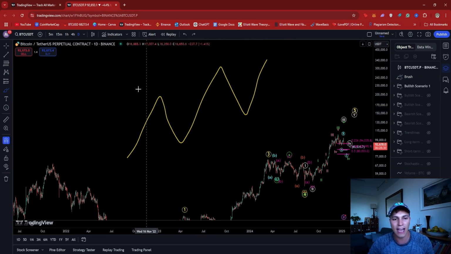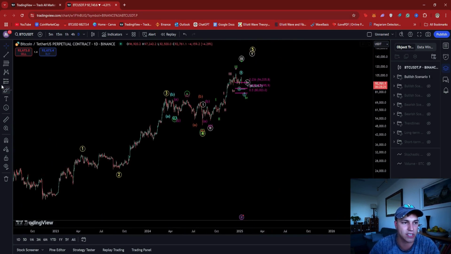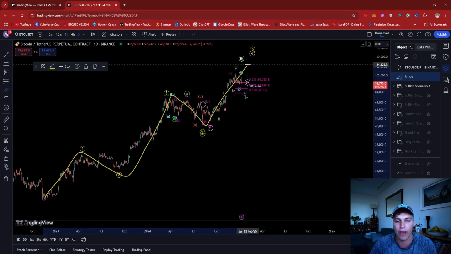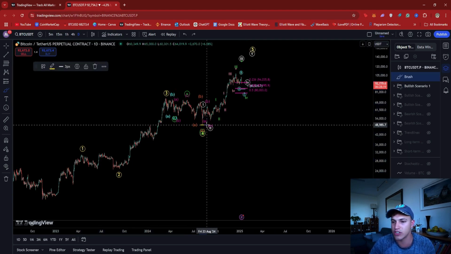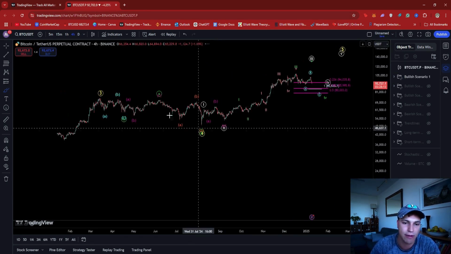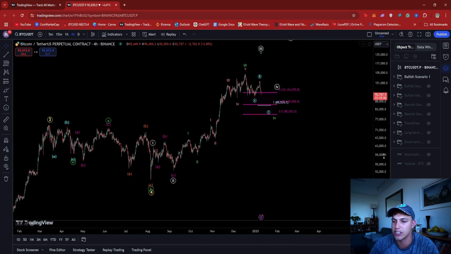But at the moment, we are looking at a direct move to the upside, so a 1, 2, 3, 4, and a wave 5. This wave 4 finished at $48,985.